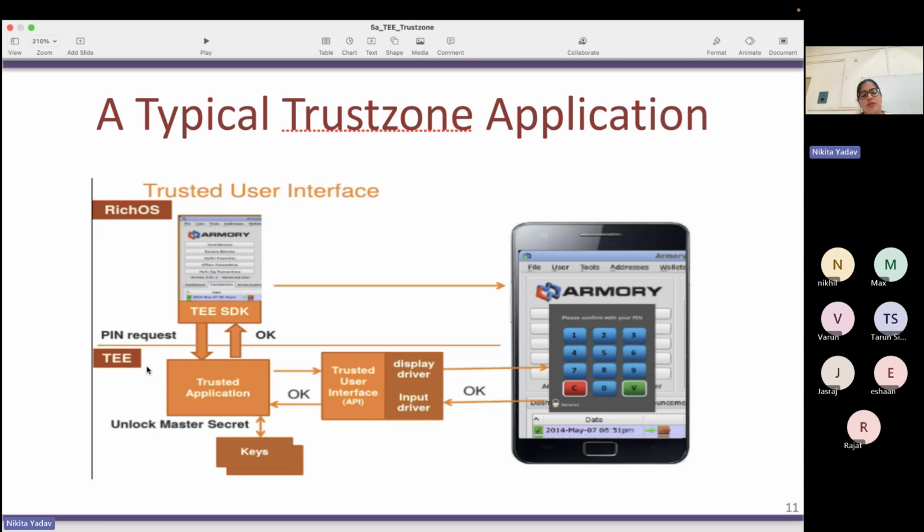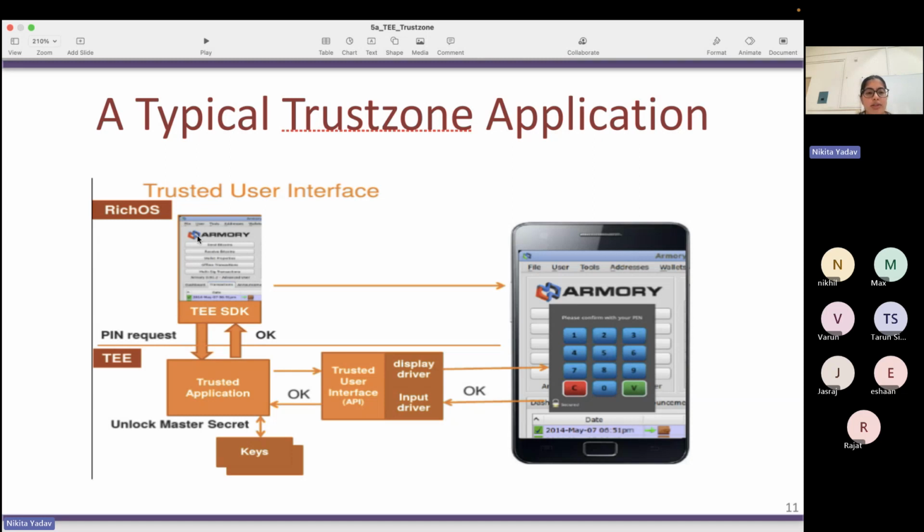The trusted execution environment provides basically some APIs for your rich world, like your normal world, to talk to the secure world. So it provides some APIs.